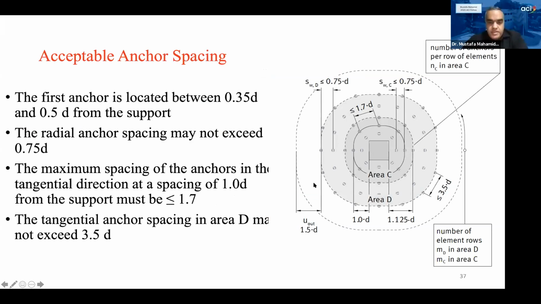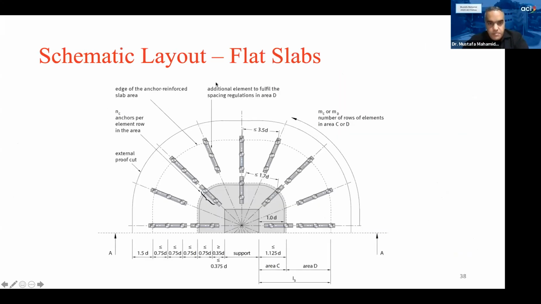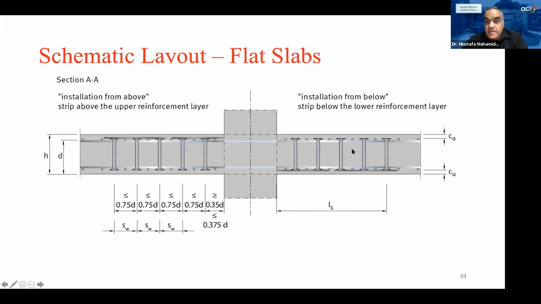So as you can see, this is more of a circular arrangement of the studs. Here the spacings are very close to what has been used in ACI as well.